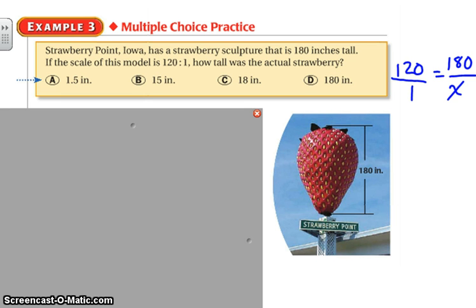Okay, Wesley, can you tell us how to solve this? Okay, so 180 equals, okay, and then how do you get x alone?